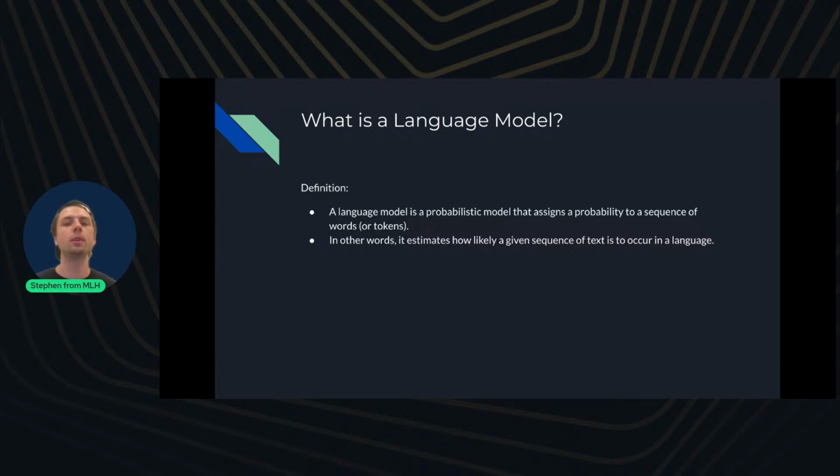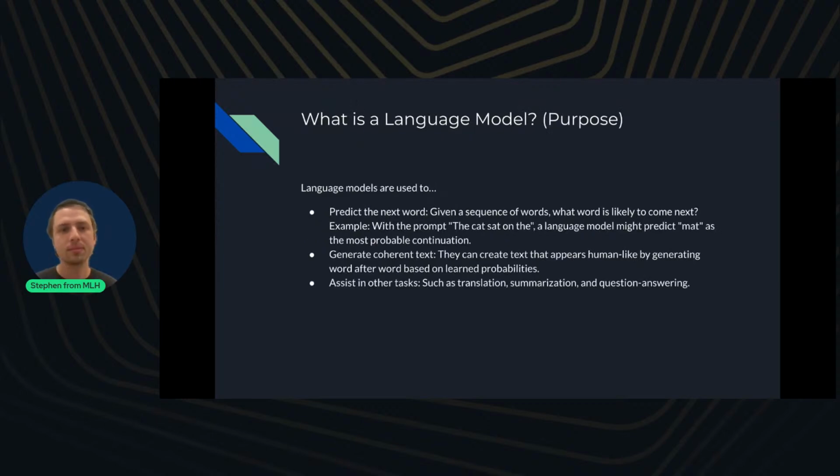So it's essentially building a giant probability matrix of the language that it's learning. And what can it do? Well, a lot of you might already know this, but large language models can predict the next word, like the cat sat on the mat or something like that. But they can also generate coherent text that seems human-like. And people have used them for other things like translation, summarization, and question answering.